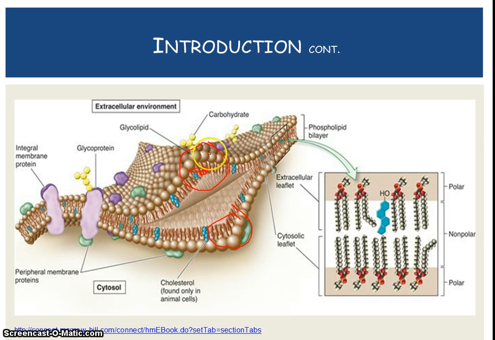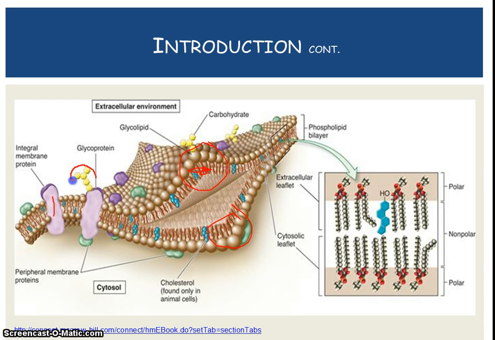There are other parts to a phospholipid bilayer, including proteins, as you can see here. Now, these proteins act as helpers or transport proteins in the form of pumps or channel proteins to either participate in facilitated diffusion or active transport.